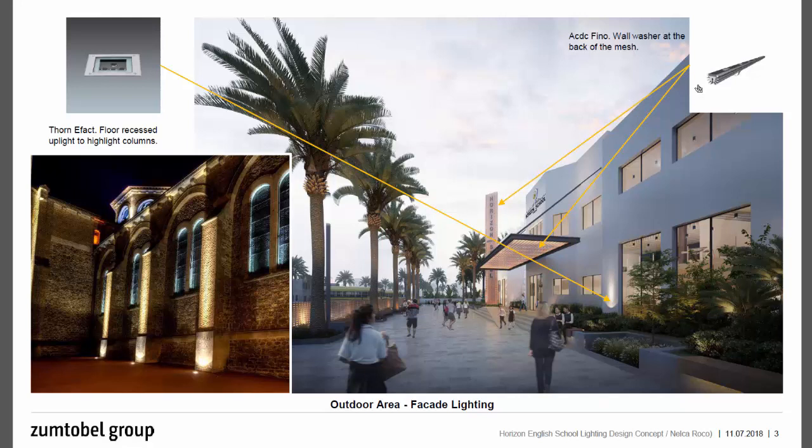So again, I suggested some linear fitting on the canopy and the signboard, and some square LED recessed uplight for the columns. And for the trees, of course, you can have spike floodlight or spotlight, or you can also have something like this one. But since the tree is inside the plant box, spike light is much better.